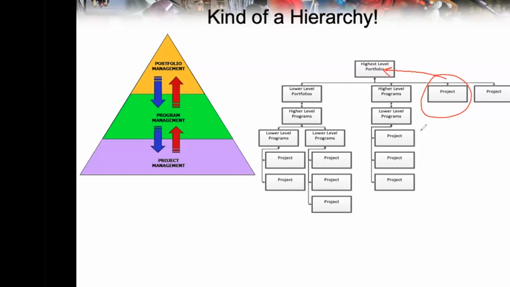Sometimes you will have a really formally structured one like this: three projects reporting to a lower-level program, then a higher-level program, and then the portfolio, right? Okay. So these may be the case. That's why I say kind of hierarchy. You will not always find exactly project, program, portfolio. Okay.